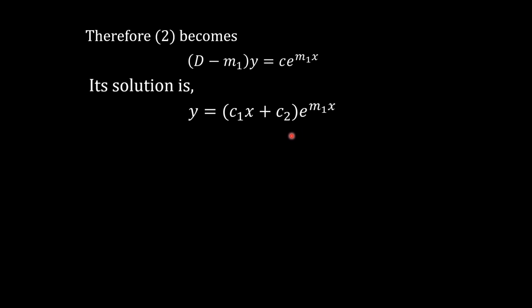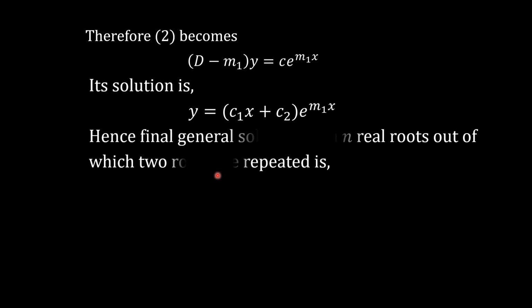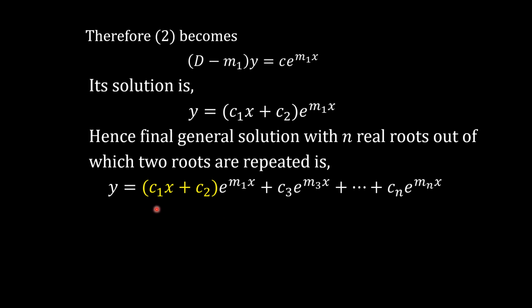Now see, whenever a root is repeated two times, we get the term (c1 x plus c2). So this is the case when roots are real and repeated twice. We have obtained the general solution related to the repeated root, and therefore the general solution of the given differential equation of order n is y equal to (c1 x plus c2) e raised to m1x.